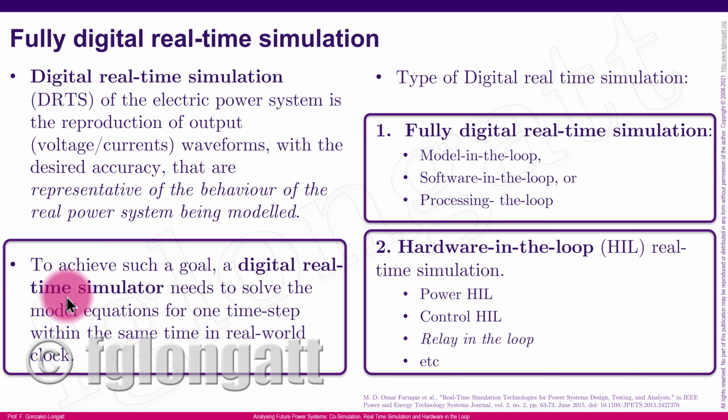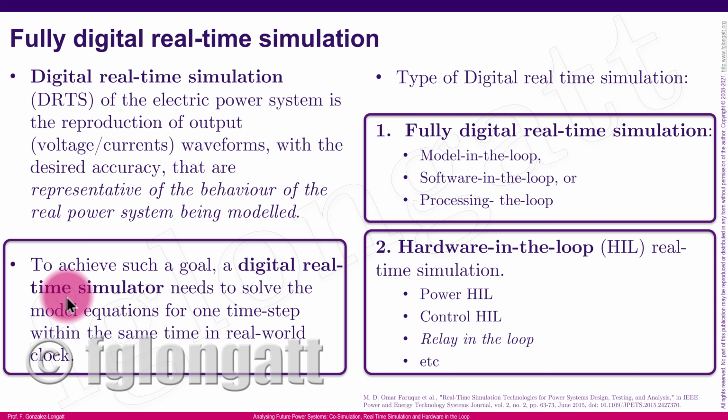When we are talking about fully digital real-time simulators, we have two different options, okay? The two very different scenarios are, one, using just real-time simulation. That means solving the model, solving the software, solving the process just in real time. That is what many people call software in the loop.